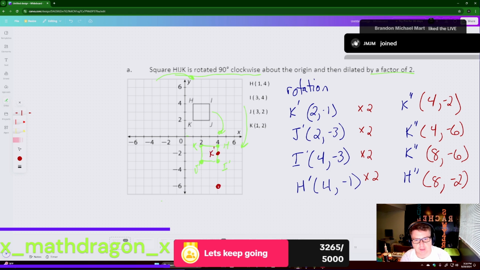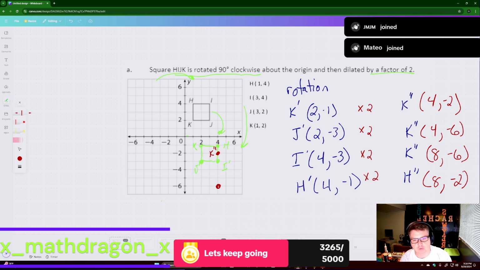So 4 comma negative 2, 4 comma negative 6. So this would be K double prime, and you can see it's growing larger. This is J, and then this is I. So 4 comma negative 6 is J double prime.